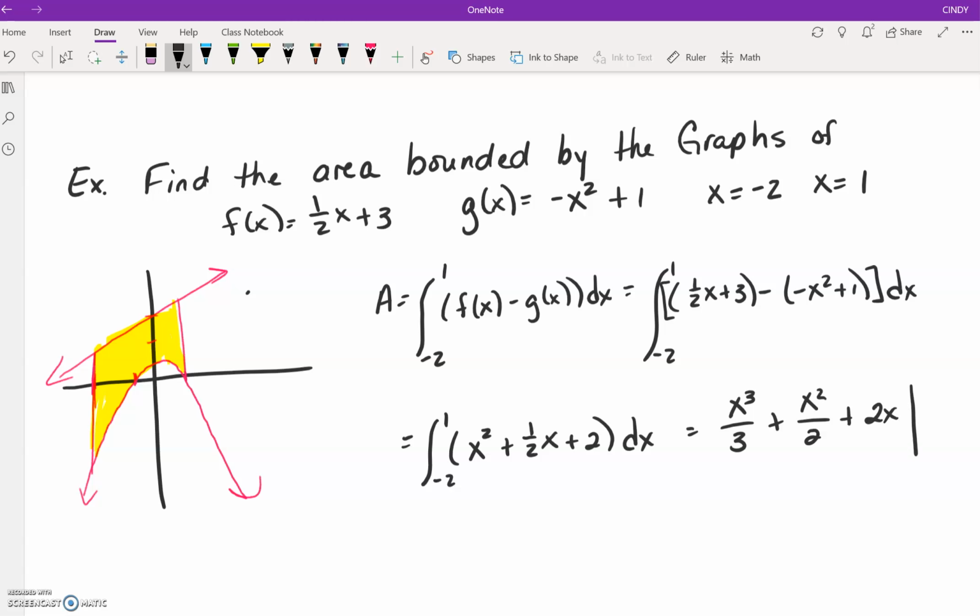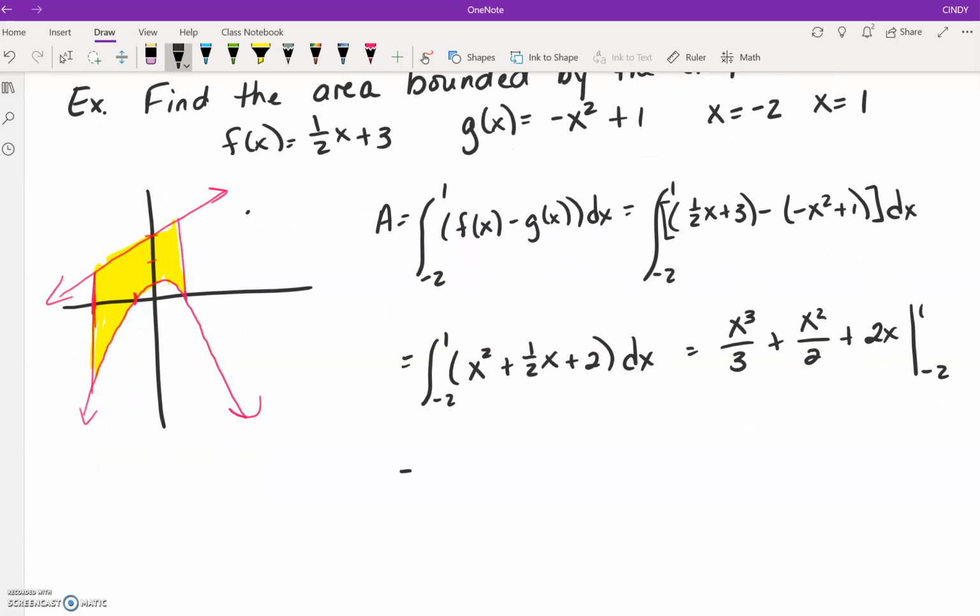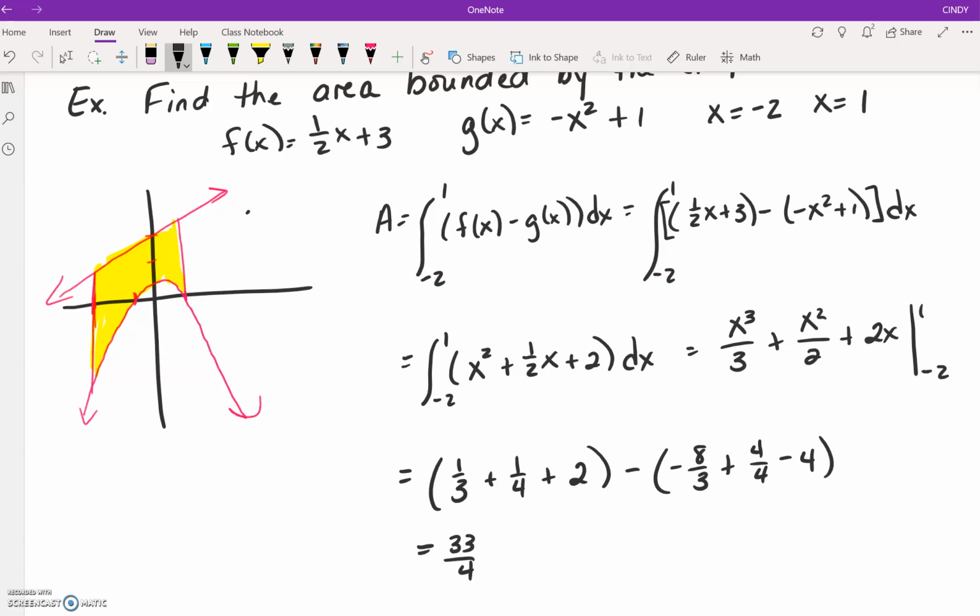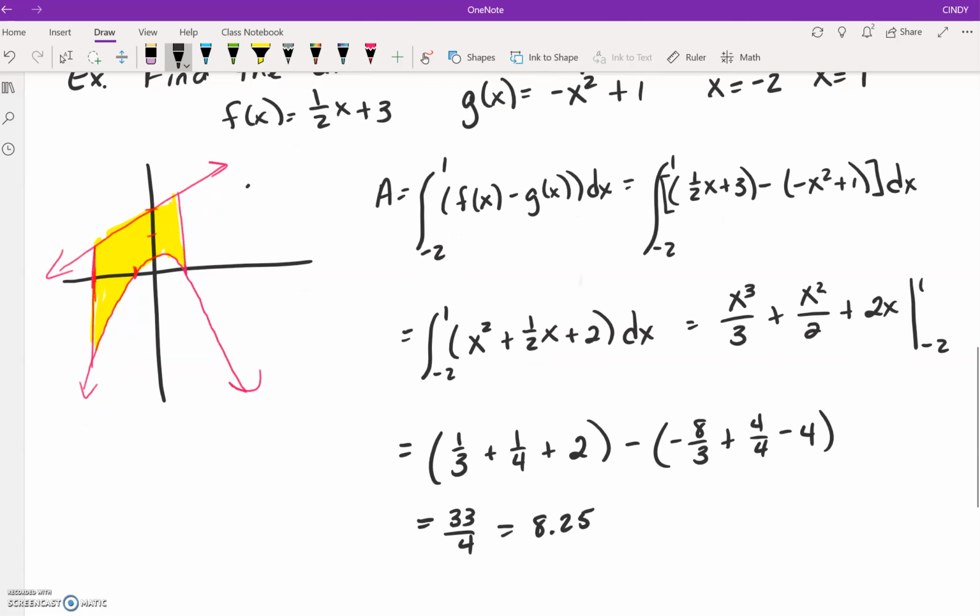I'm going to evaluate between -2 and 1. Okay, that gives me 1/3 plus 1/4 plus 2 minus -8/3 plus 4/4 or 1 minus 4. That gives me 33/4 or 8.25.